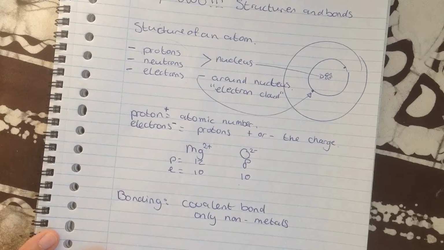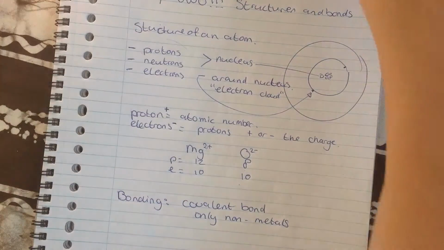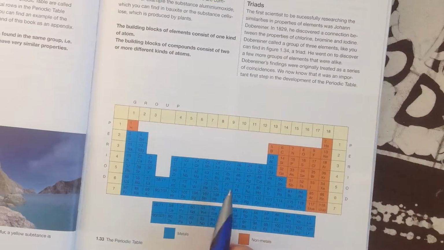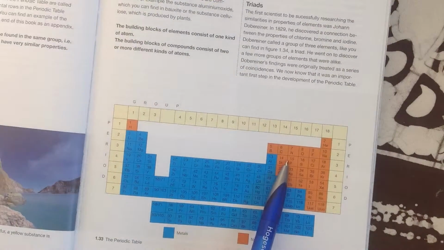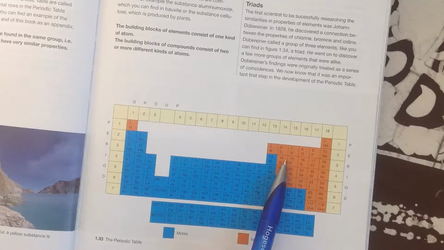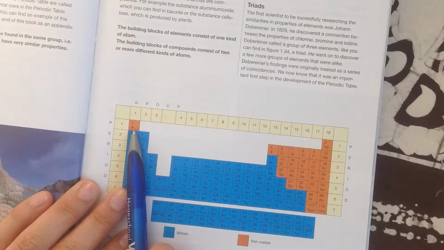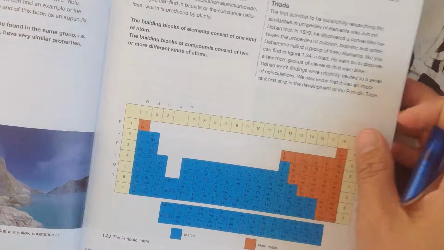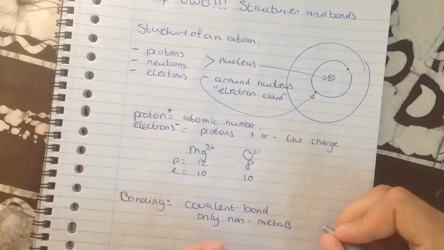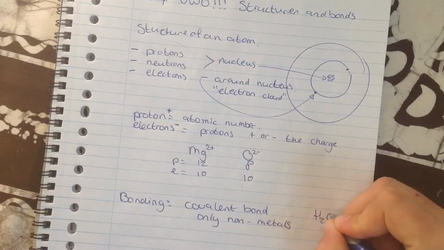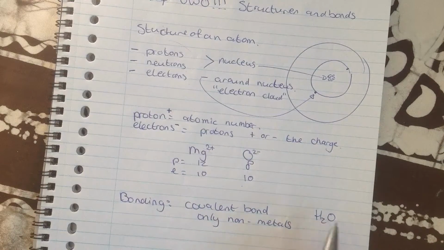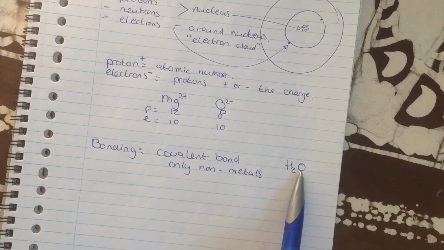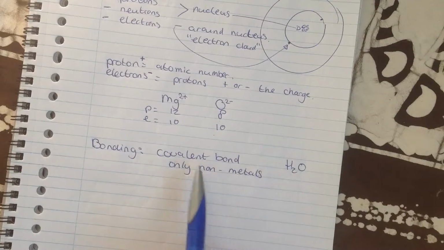So going back to the periodic table, when you have a substance built of only the red ones, it means they have a covalent bond. If I have, for example, water, H2O, it only has nonmetals: H is a nonmetal, O is a nonmetal, so these have covalent bonds.